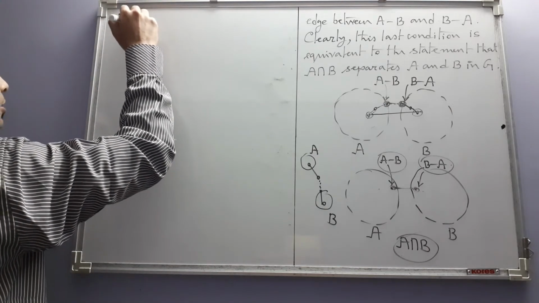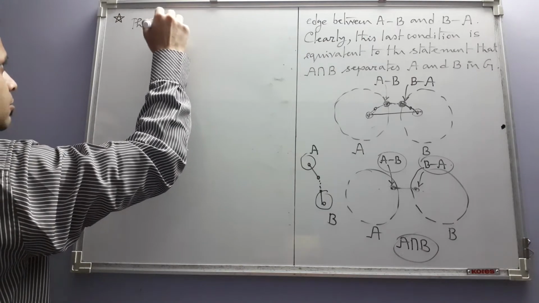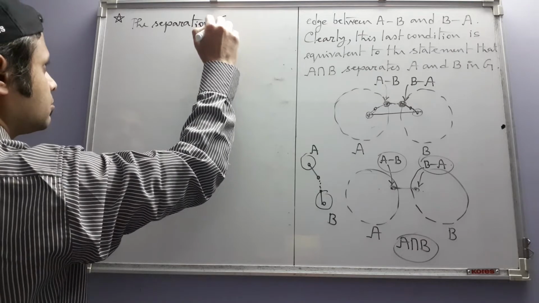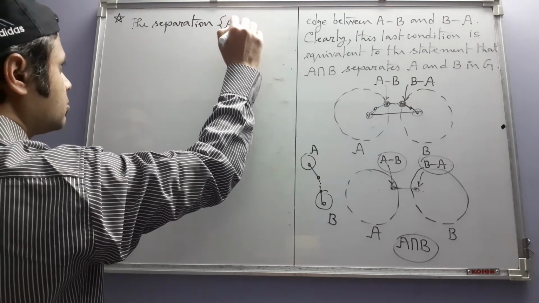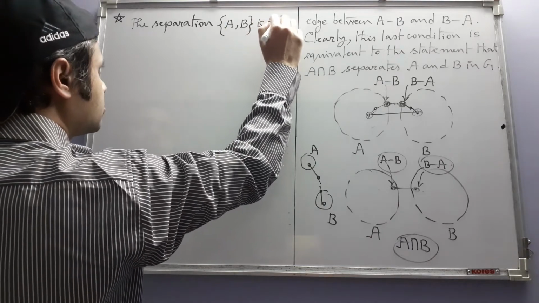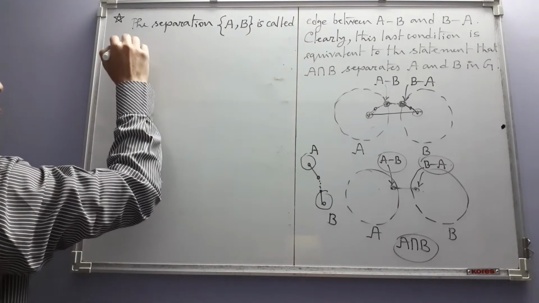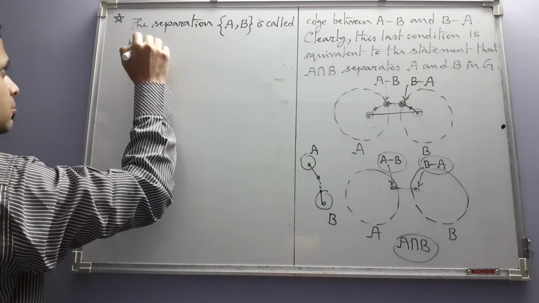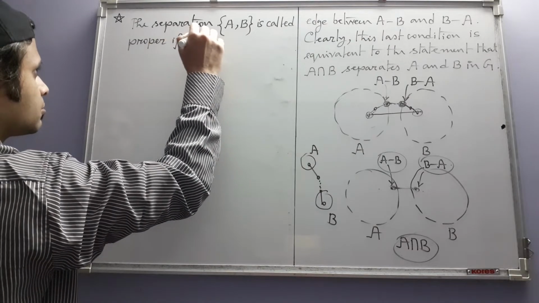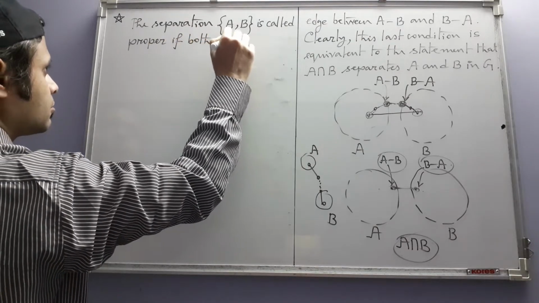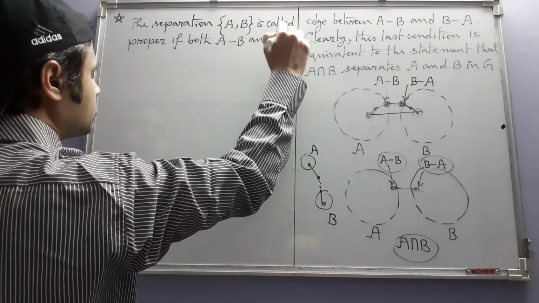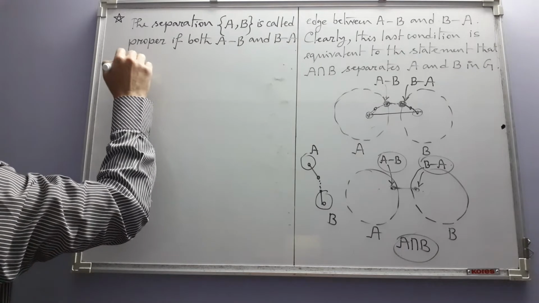The separation is called proper if both A minus B and B minus A are non-empty.